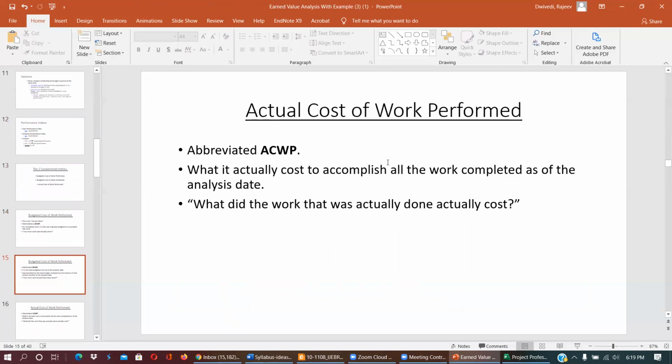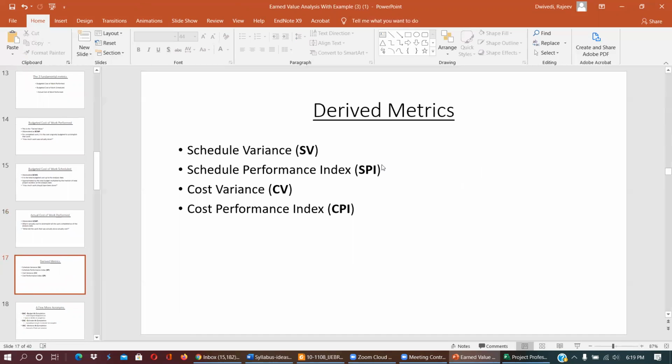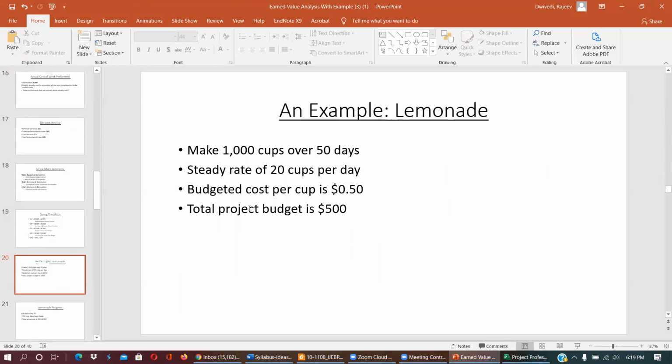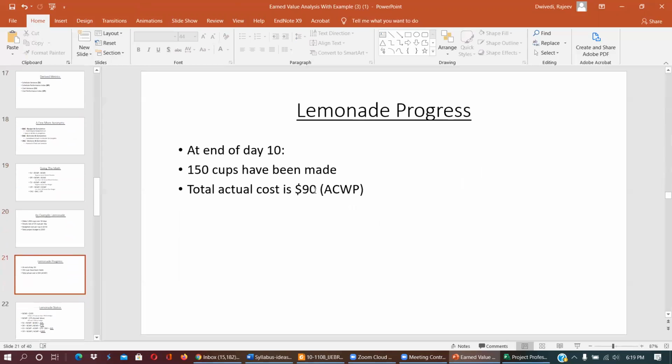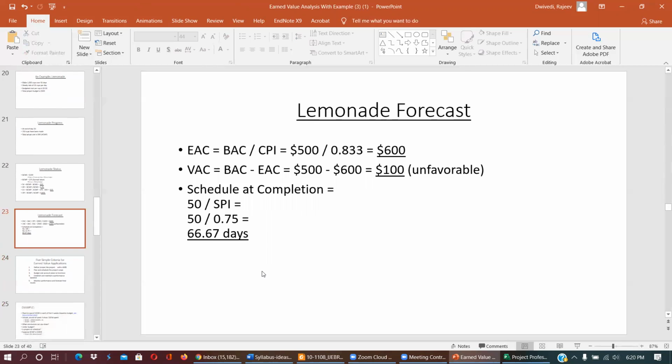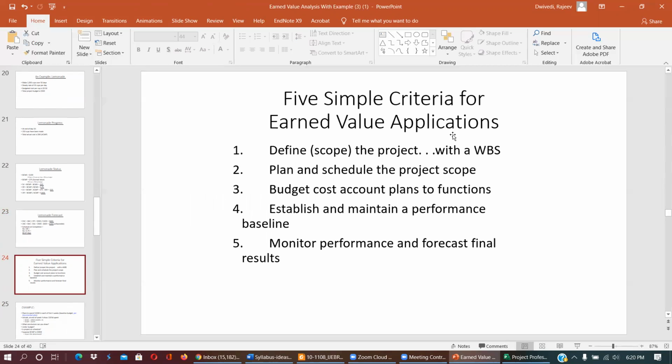So we have just finished this lemonade example. There are five simple criteria for earned value application.